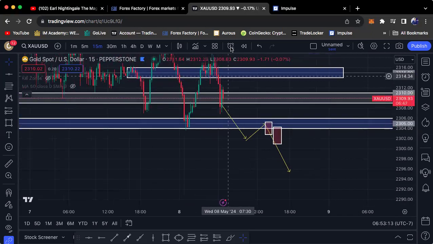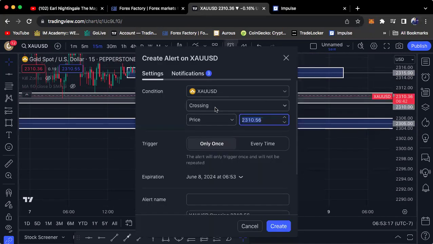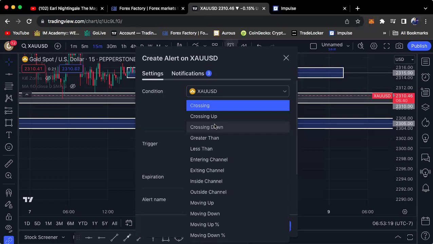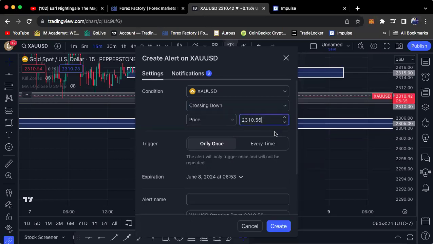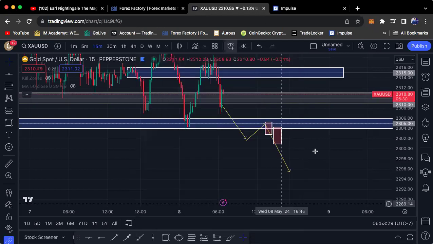So I can set up my alerts. I'm going to enter my alert so that it notifies me when price crosses below 2305. So I'm going to cross down 2305, enter my alert there.